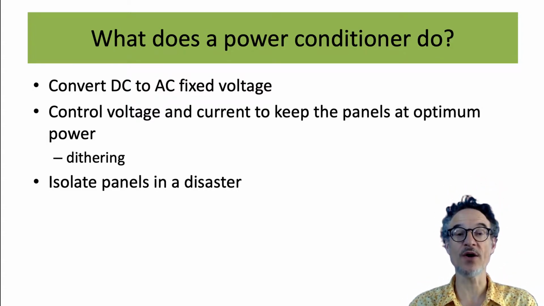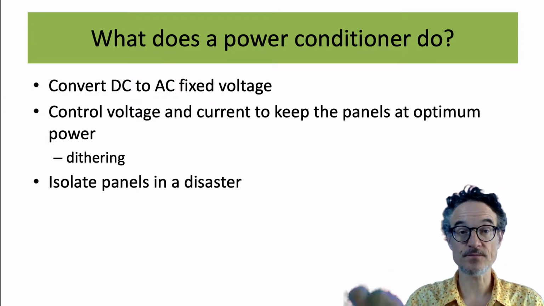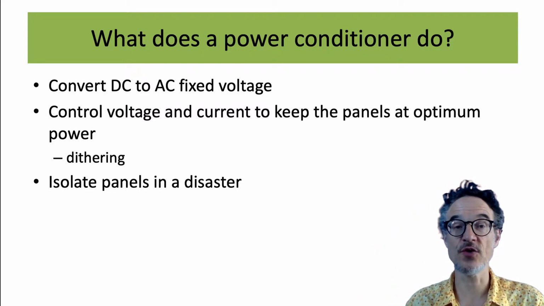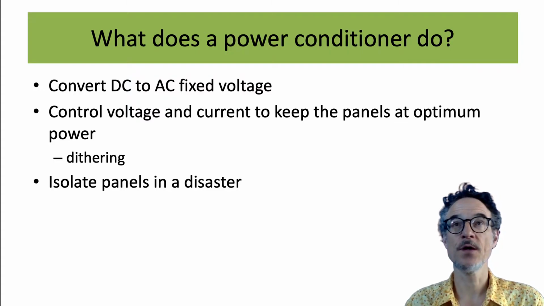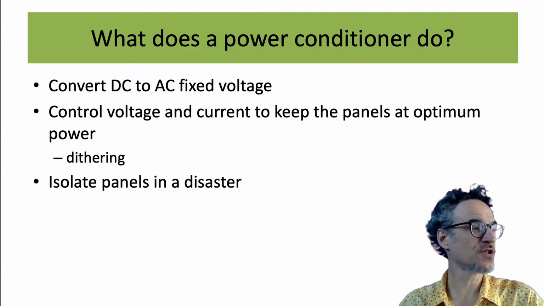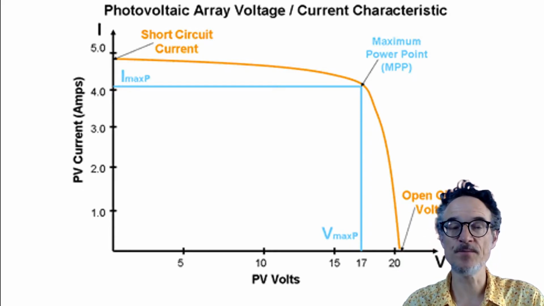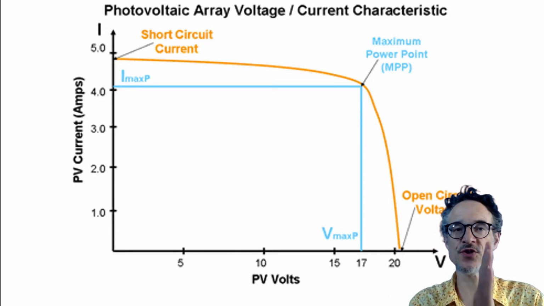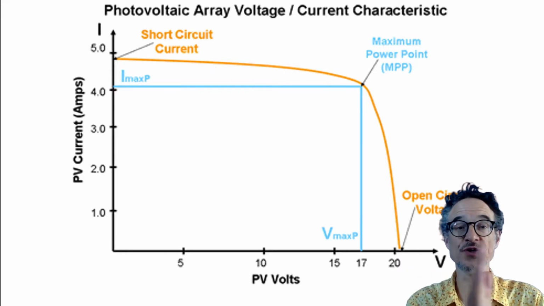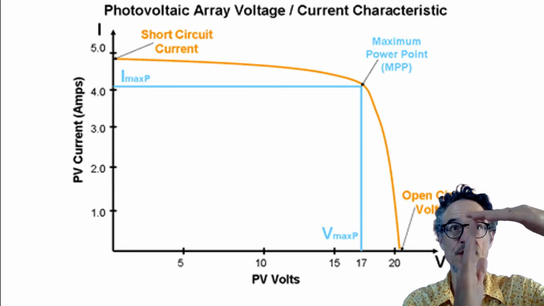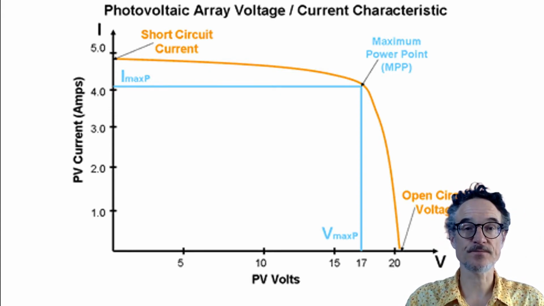So the power conditioner will also switch off, will isolate the panels in the case of an earthquake or some other disaster. So, again, just to remind you, the maximum power point is where the power conditioner needs to try and control the voltage and control the current so that you're keeping this at the maximum size.